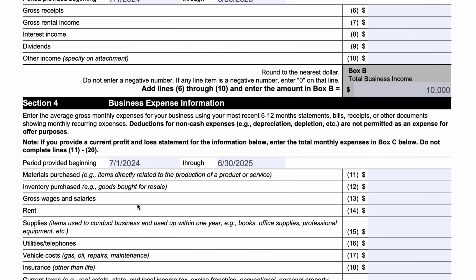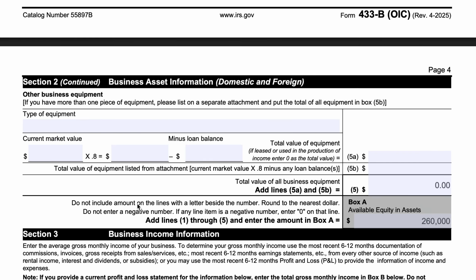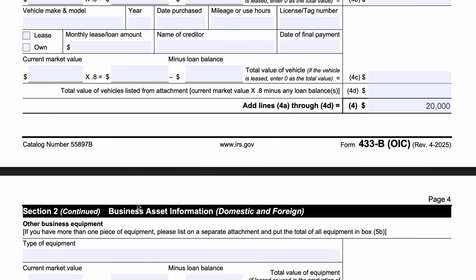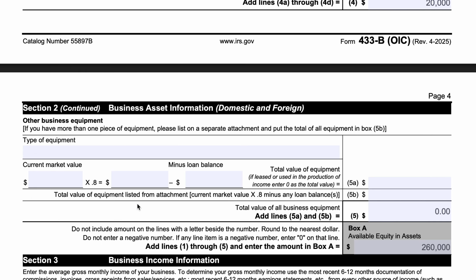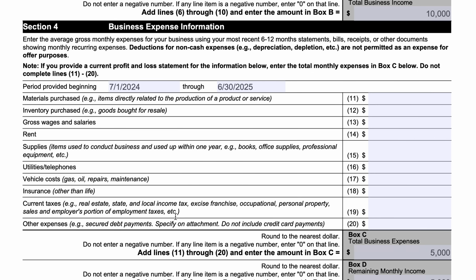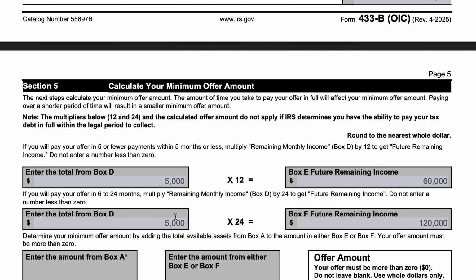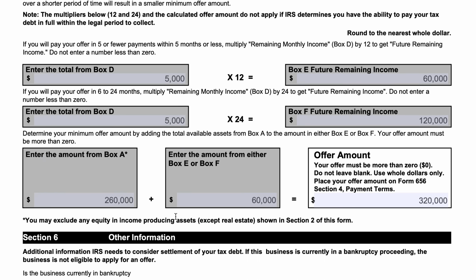Most likely that would be your business assets right here, so other business equipment. If this was a piece of equipment and you're able to say, you know what, I'm going to set that aside because it's technically income producing property that's not rental real estate, you could do that.